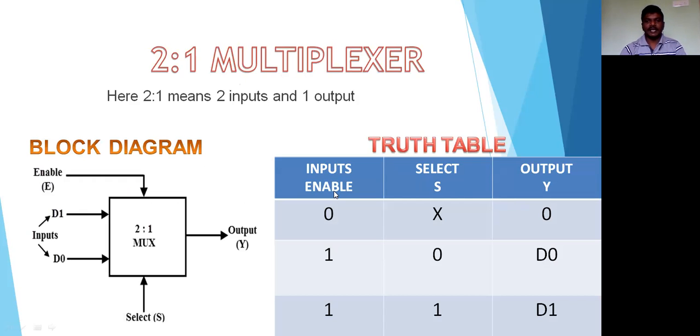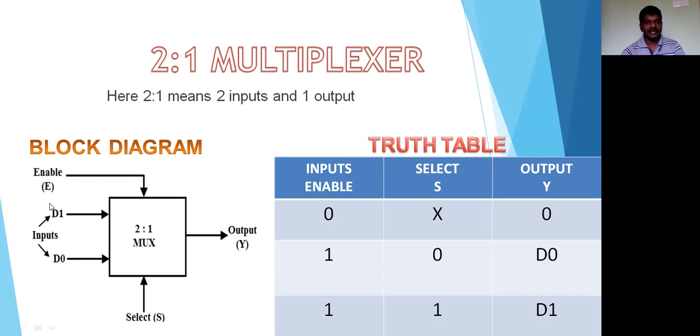Now let us take up the 2 to 1 multiplexer. It is a simple multiplexer with 2 inputs, one select line and one output. The number of input lines can be anything, but always the number of output lines will be equal to 1 for any mux. So here is the block diagram of the 2 to 1 mux.